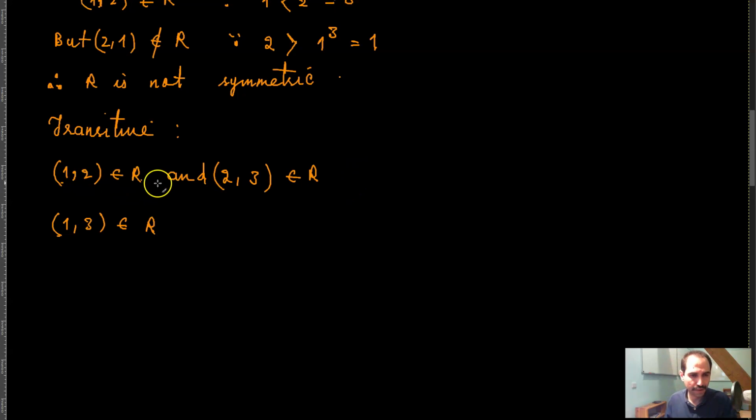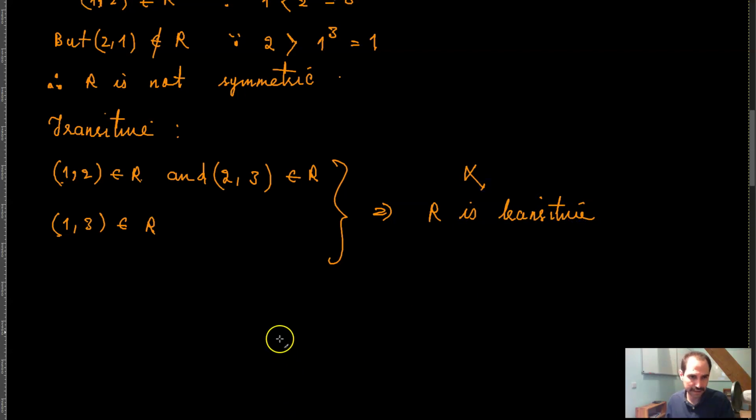Otherwise, you can see over here that (1, 2) does belong to R, (2, 3) does belong to R, and (1, 3) does belong to R. So then logically I would be able to say that R is transitive. But that is actually not the case. R is actually not transitive, because there is at least one counterexample that you can find that shows that R is not transitive.